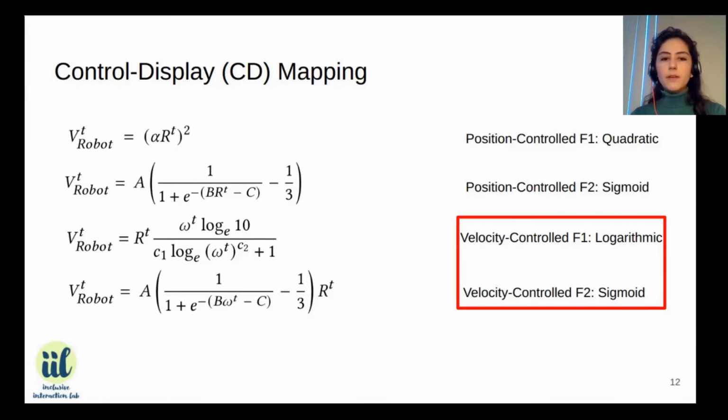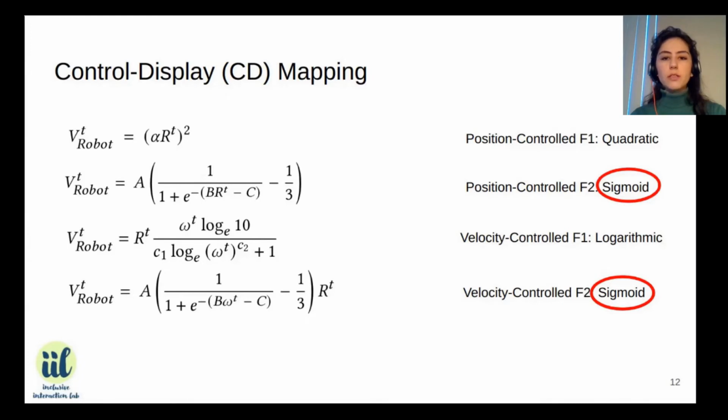For the mapping functions, we picked two sigmoid functions, one quadratic function and one logarithmic function. Sigmoid function is appropriate to maintain values within a range since both tilt angles and the robot's speed have upper and lower bounds.